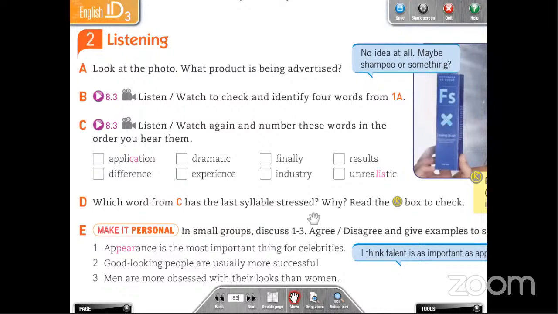Difference. Okay, number 4. Application. Okay, number 5. Results. Okay, number 6 in this case. Six or seven?